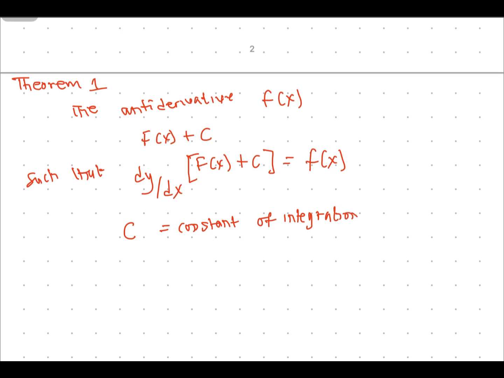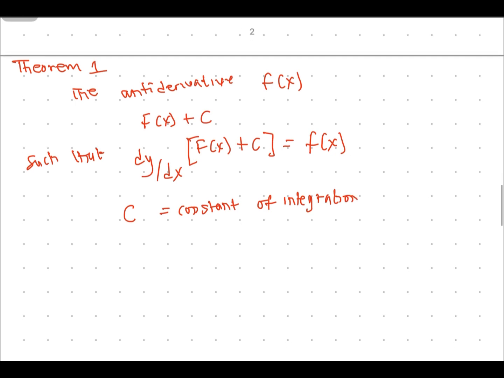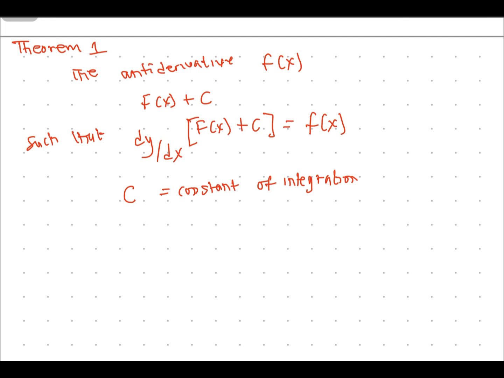As I said, this theorem further explains what I did earlier in my previous video. So what the whole theorem means is that if you have a function f of x, this is my function, and then its antiderivative, which is the integration of this function, the small f of x, is equal to the capital F of x plus c.